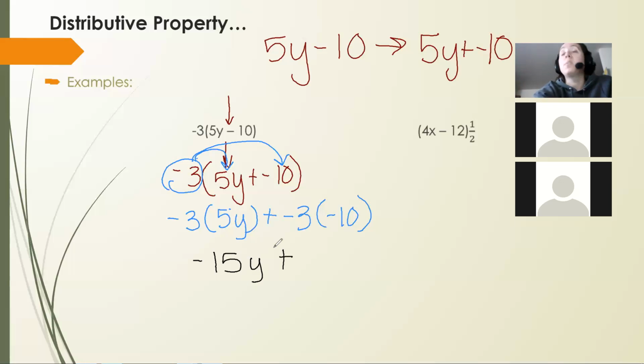Y plus, what's the second part? What do you guys think? This first part simplified to be negative 15y. What would this second part simplify to be?